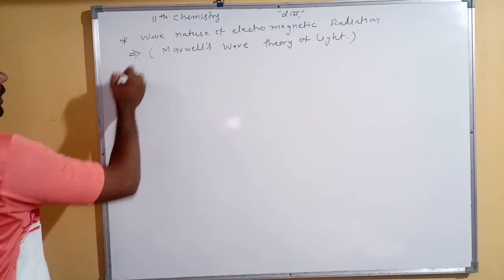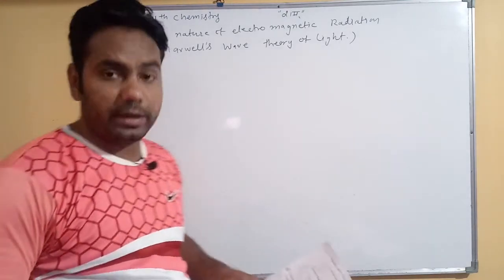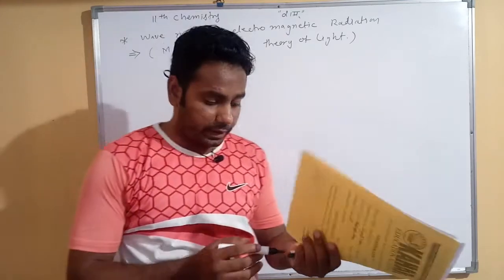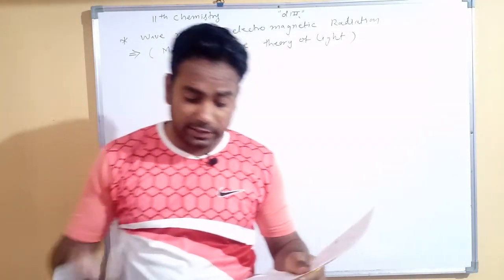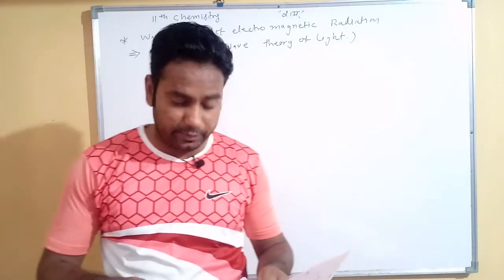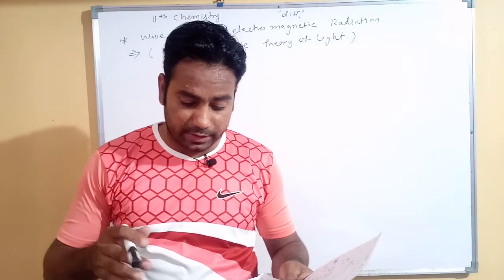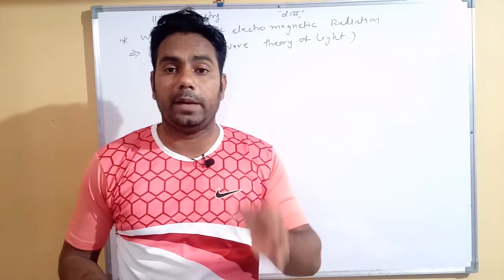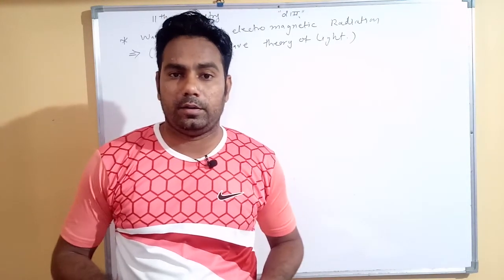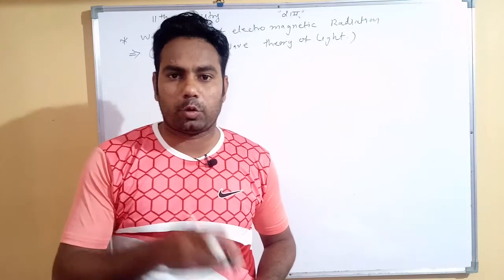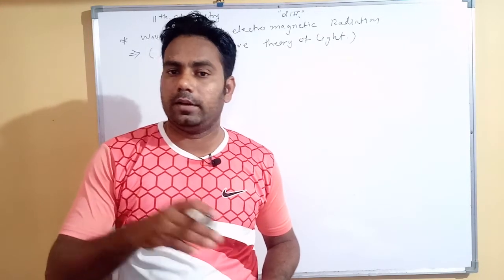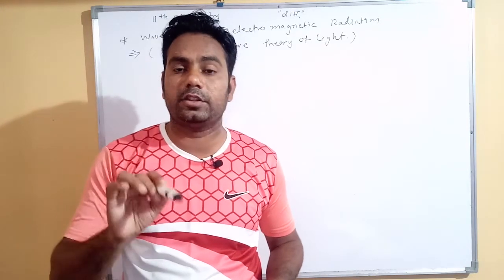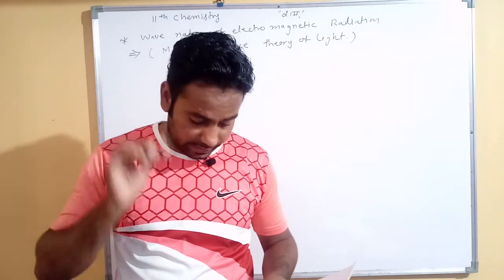We mention it here because in exams questions are asked according to Maxwell's theory of light. According to this theory, light is transmitted in the form of electromagnetic waves. These waves are associated with oscillating electric field and magnetic field both. It means every wave is made by two different forces, electric and magnetic, so radiation is called electromagnetic radiation.